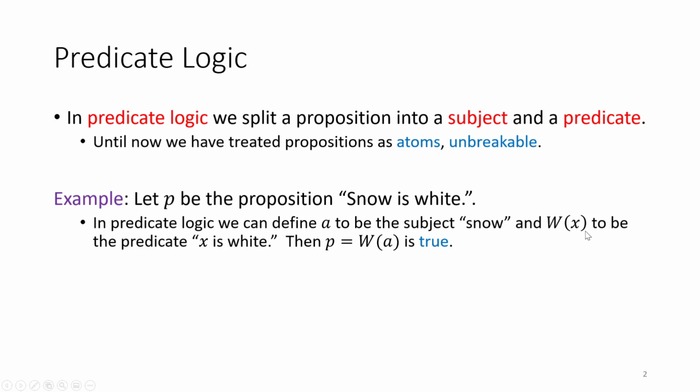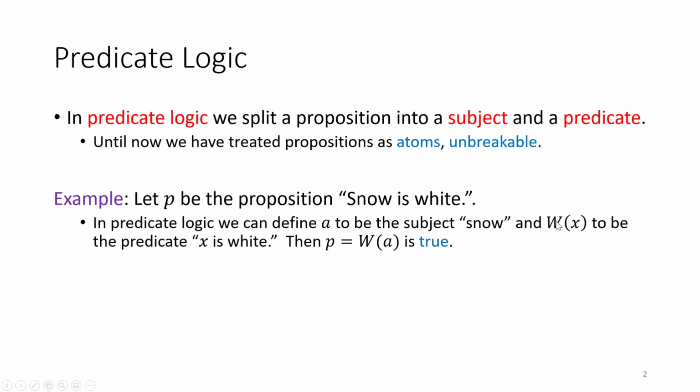Okay, and usually the predicate, because it's only got that verb phrase, has an open part, a part that still needs to be filled in, which is the subject. What is white is the question that is asked if we only have the predicate is white. And so we sometimes might phrase that as x is white, where x is that variable.